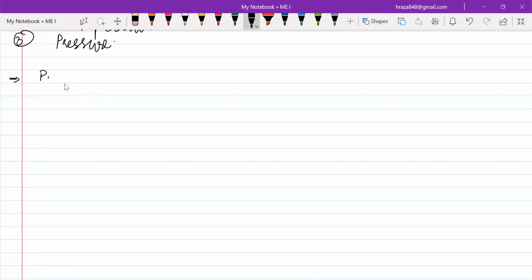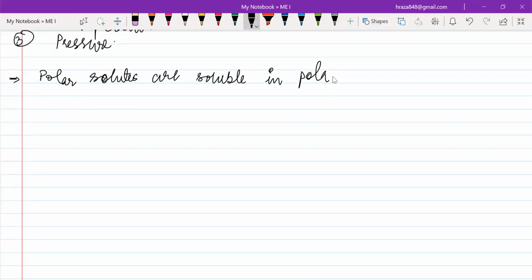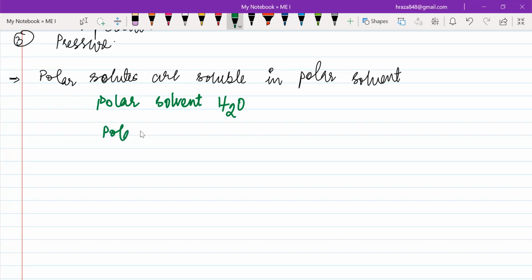That means polar solutes are soluble in polar solvent. Like if you take polar solvent, that is H2O, and polar solute, that is NH3.